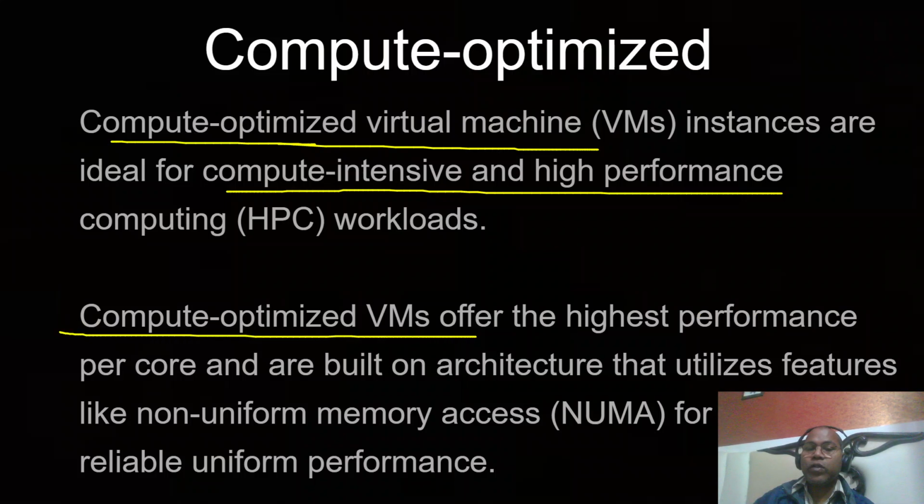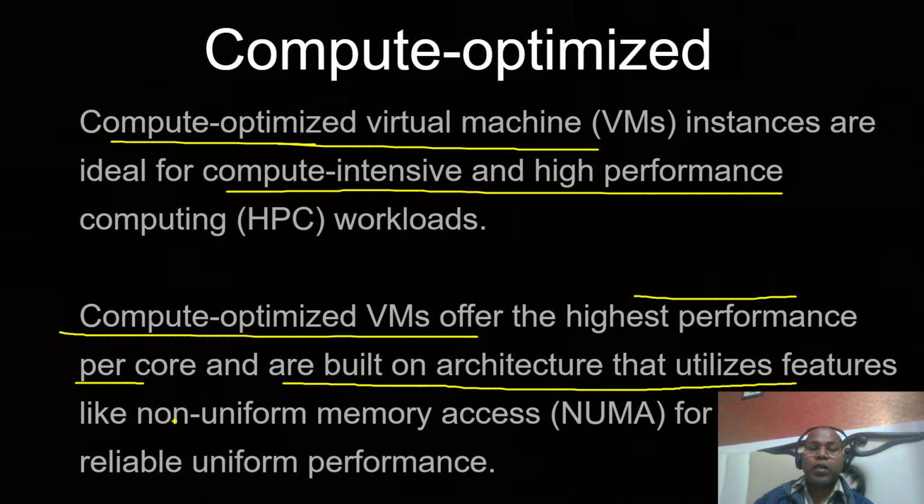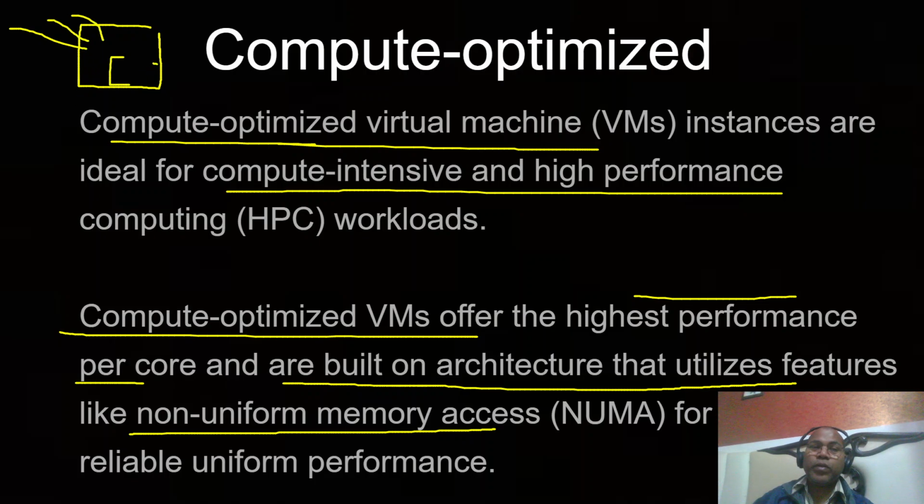Compute optimized virtual machines offer high performance per core and are built on an architecture that utilizes the feature of non-uniform memory access. That means whatever CPU you are selecting needs to be very efficient, with a high number of CPU cores so that multi-threading and multiple works can be performed.